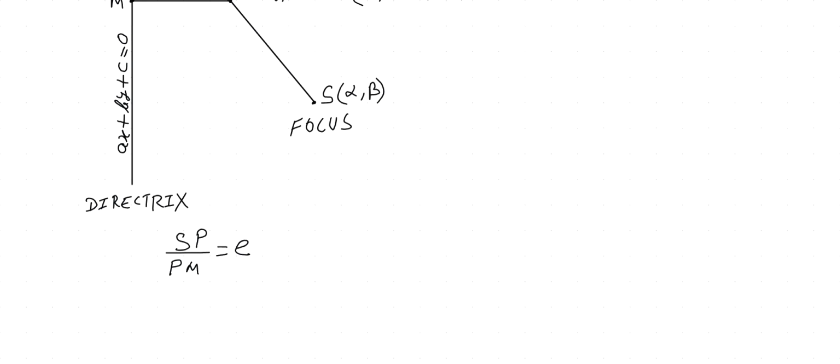And we can have the general form of a 2-degree equation, which is capital A x square plus capital B y square plus 2hxy plus 2fy plus 2gx plus capital C equals 0.